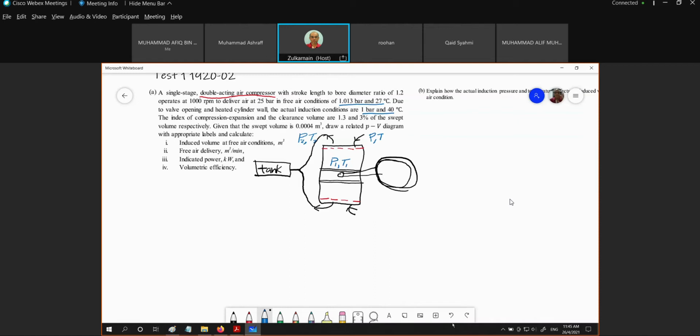This is the stroke length, L over D is equal to 1.2. And the speed of this compressor is 1000.